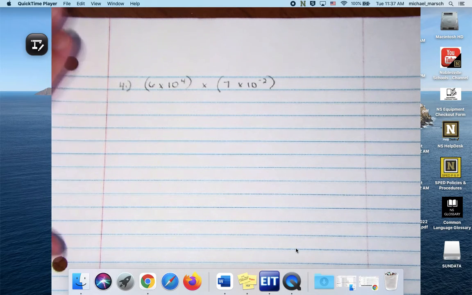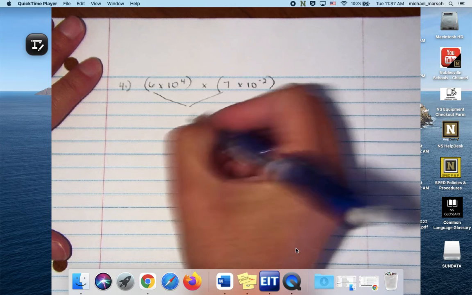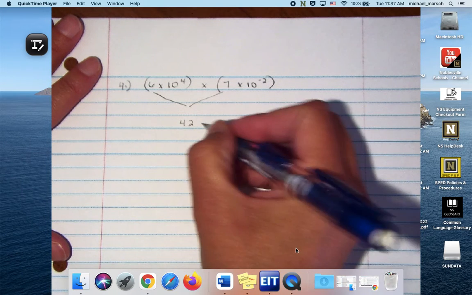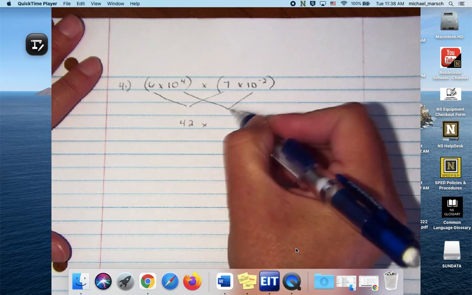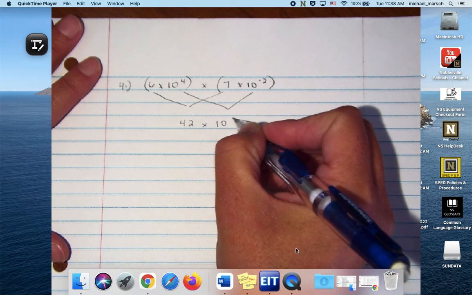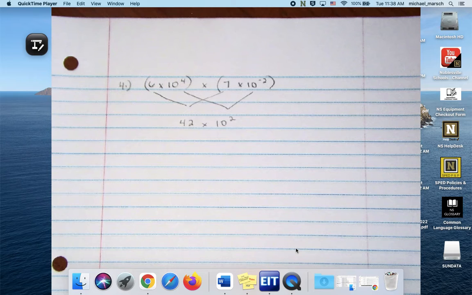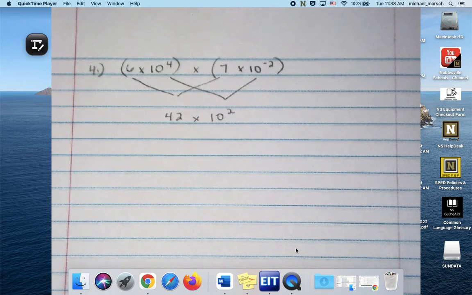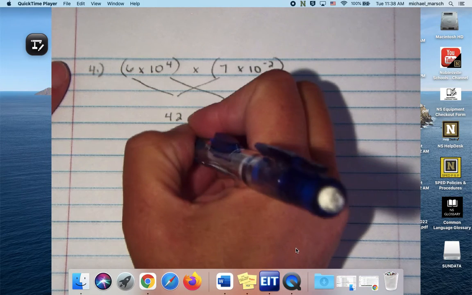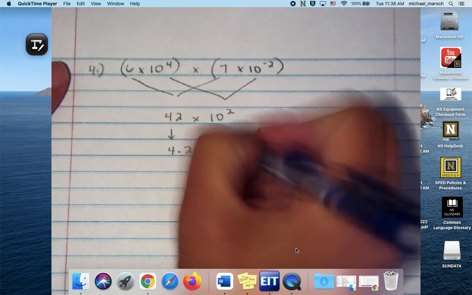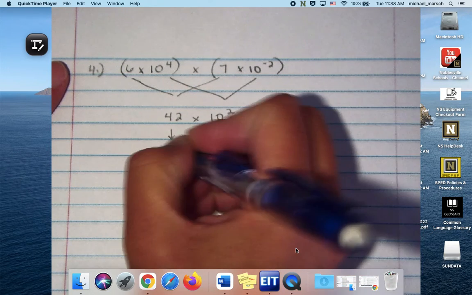All right, so I'm going to multiply the 6 times the 7, and I'm going to get 42. And then the 10 to the 4th times 10 to the negative 2nd power is going to give me 10 to the 2nd power. This again is not in scientific notation. So this is going to change to 4.2 times 10 to the what? Third. Great job.